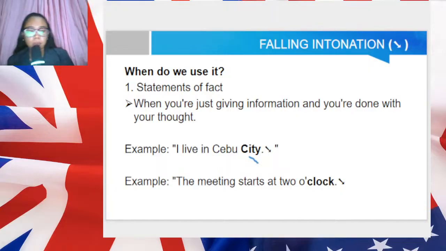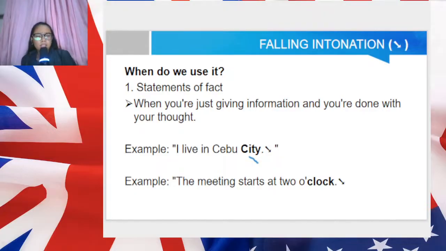Consider what would happen if the intonation did not fall. If your voice rose on city saying, I live in Cebu City, it would transform into a question.